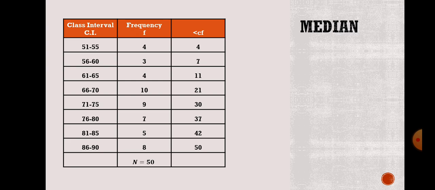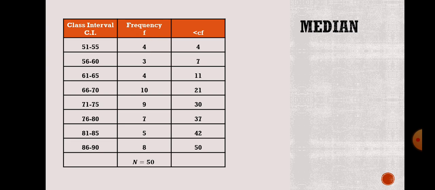Okay, so starting from 50 as the total number of observations, we have 50 minus 8, that would be 42. Minus 5, that would be 37. Minus 7, that would be 30. Minus 9, that would be 21. Minus 10, that would be 11. Minus 4, that would be 7. Minus 3, that would be 4. Okay, so dapat yung ating value sa taas ay parehas na 4.